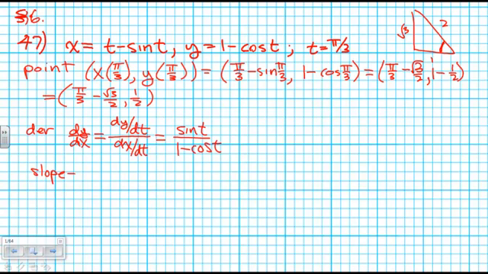The slope is equal to dy/dx when t is equal to pi over 3, which is going to be the sine of pi over 3 divided by 1 minus the cosine of pi over 3.